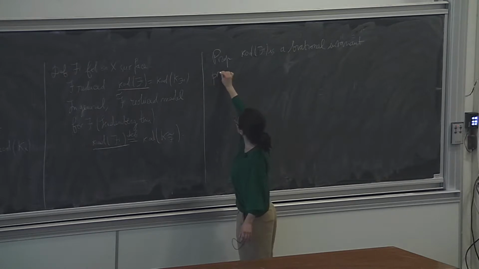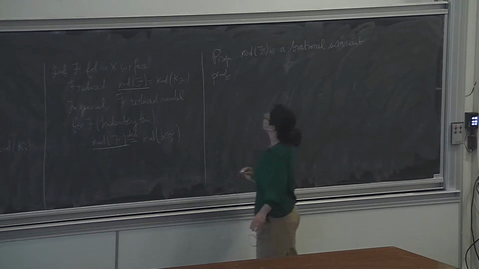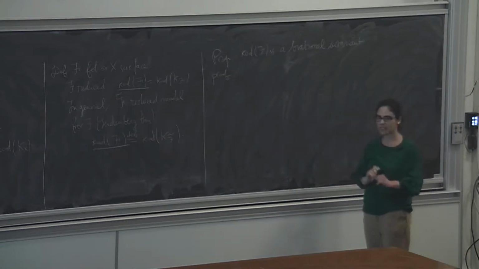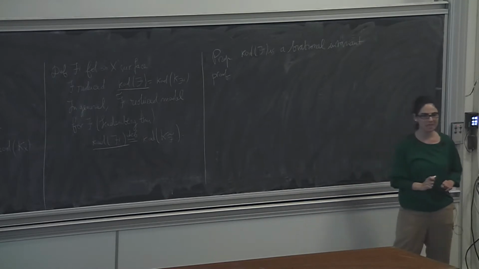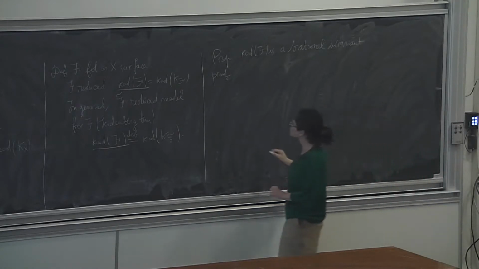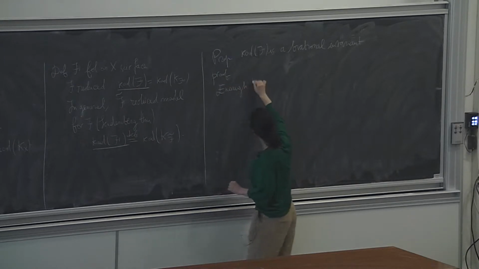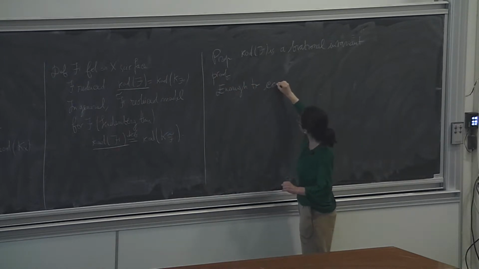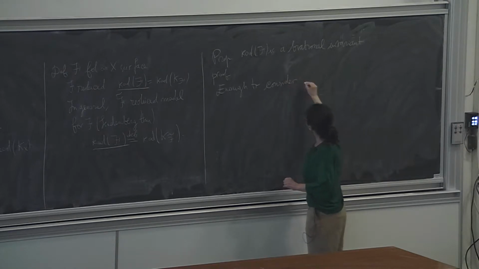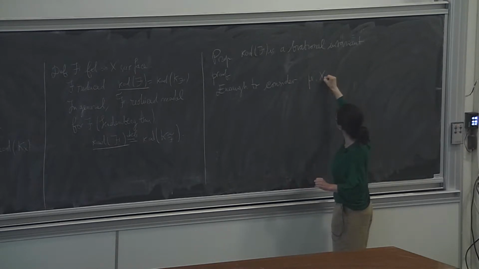So, sketch of proof. As for the numerical dimension, it's enough to consider a birational morphism.